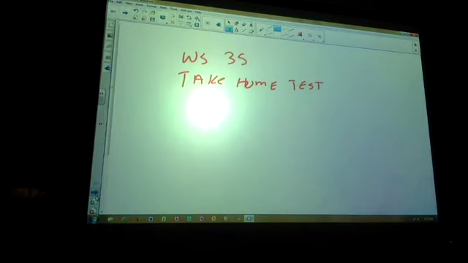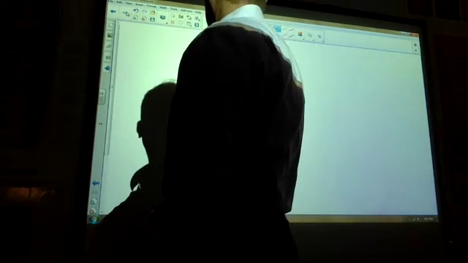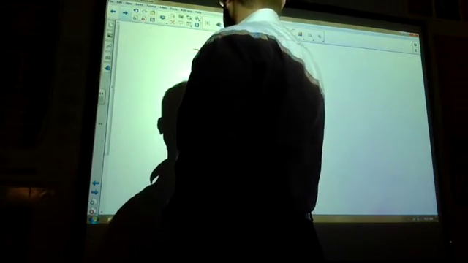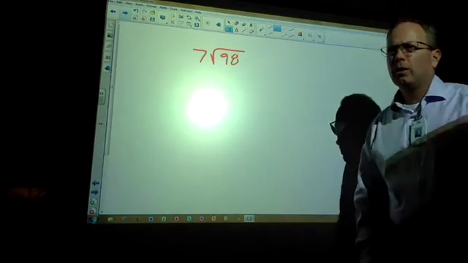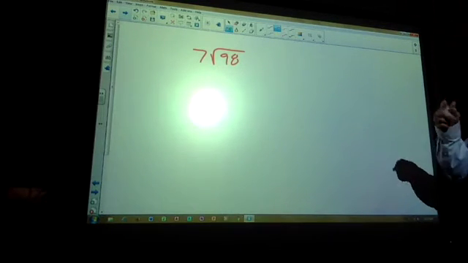All right, Abby, you want to do some square roots? Is there anything specific, or you want me to make up, or what do you want? Okay, so let's say we have like 7, and then we had square root of 98. So we're not looking for you to go square root 98 on your calculator and then go times 7.